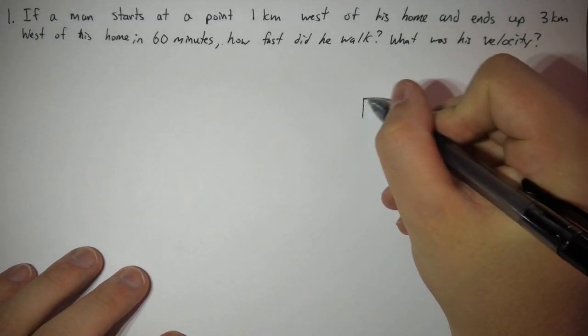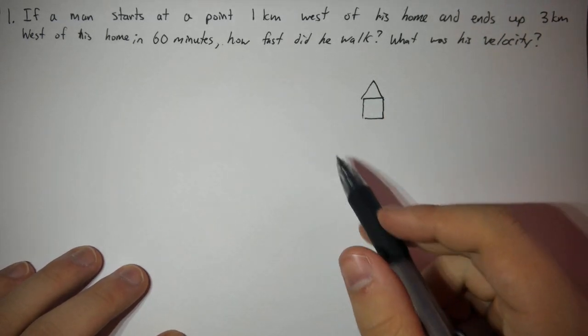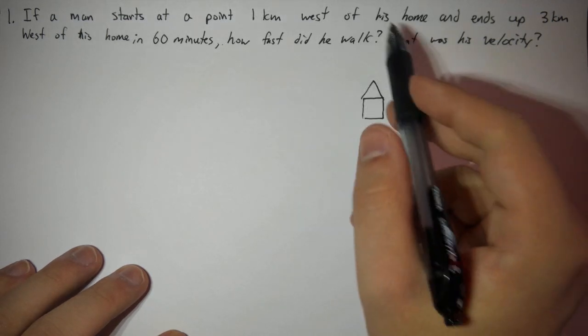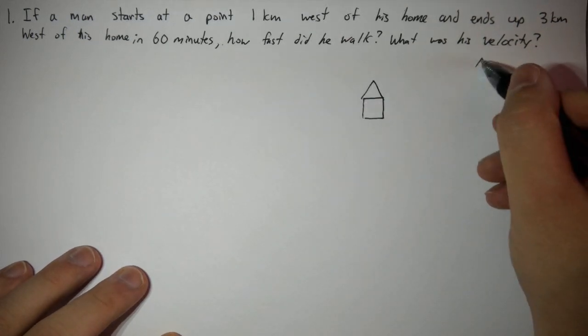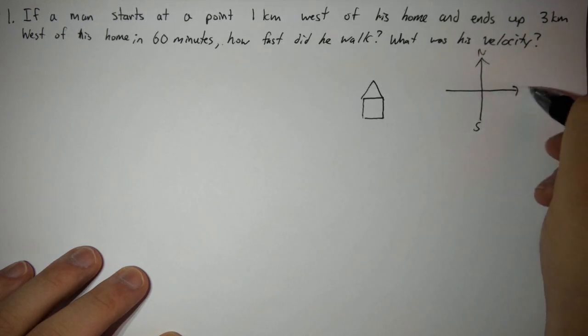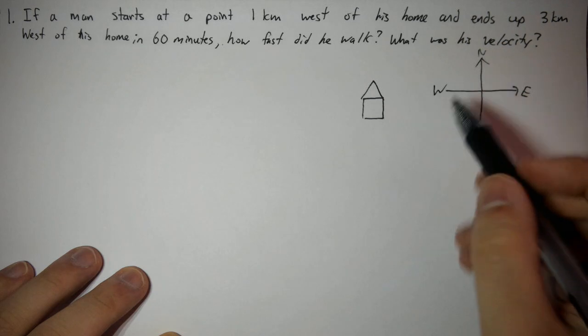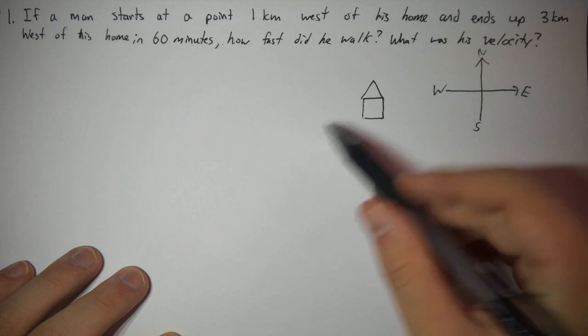We have his home, which is drawn by this nice little house, and he starts at 1 kilometer west of that. So on our compass, we have our north, south, east, and west directions. He is 1 kilometer west, so to the left.